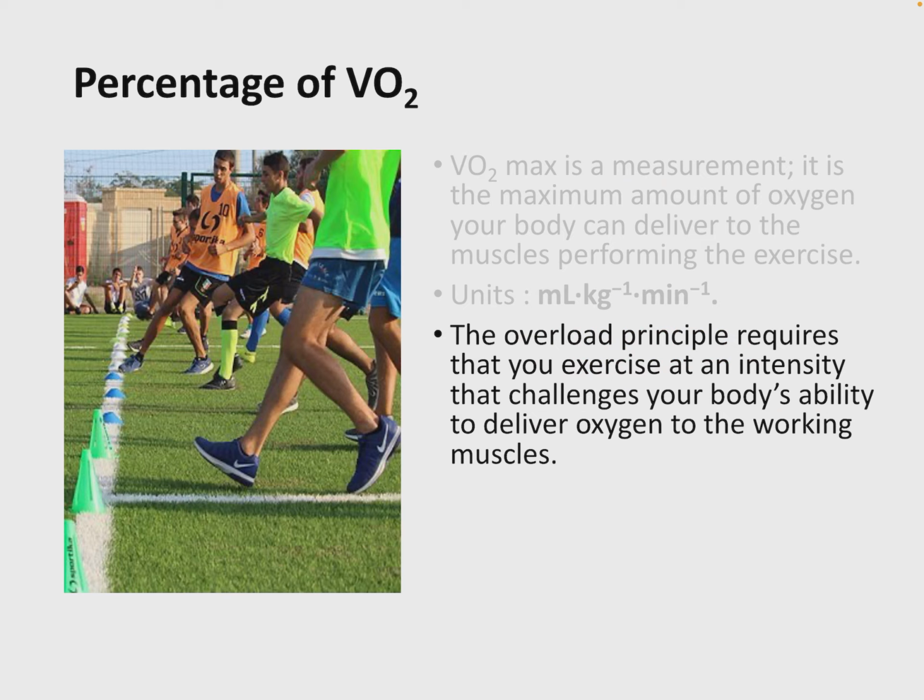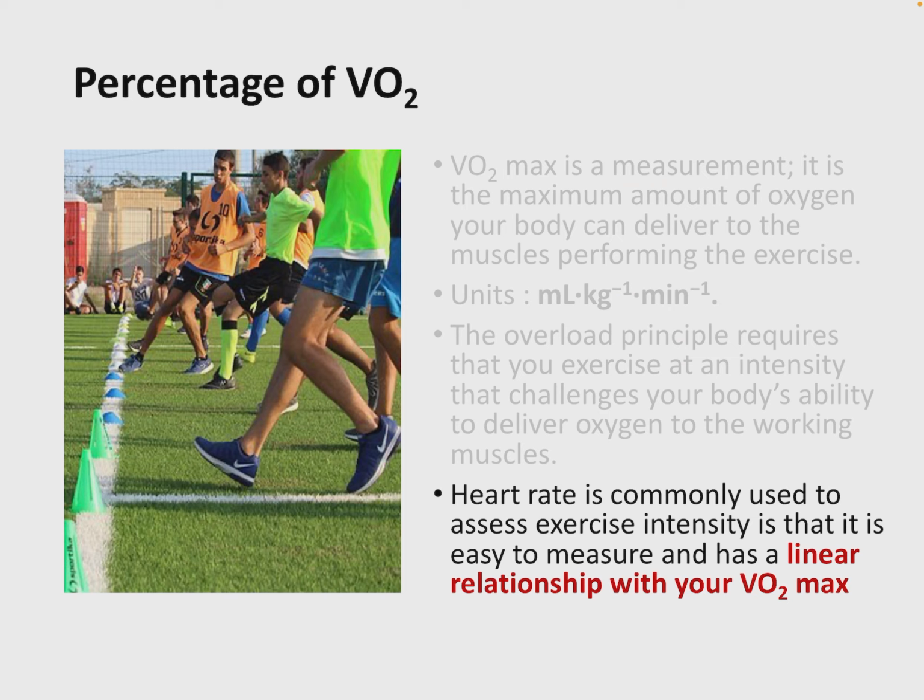And this is viable for research purposes, but it's not really applicable in everyday life, because unless you're going to be hooking your athletes up to lab measuring devices to measure their VO2 max while they exercise, you can't really directly measure their oxygen consumption every time they exercise.